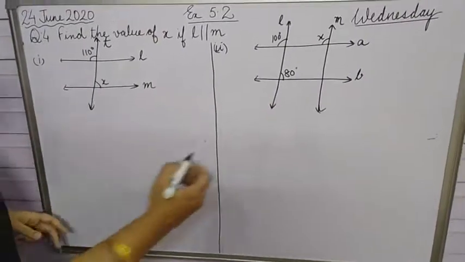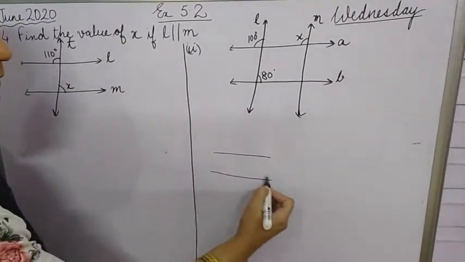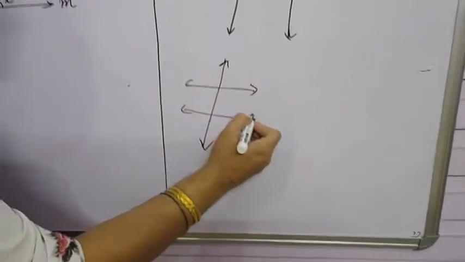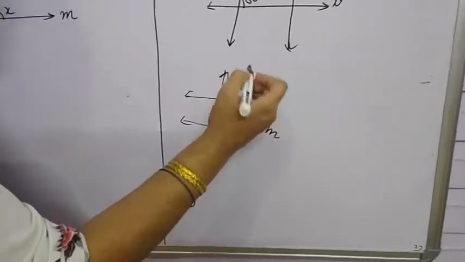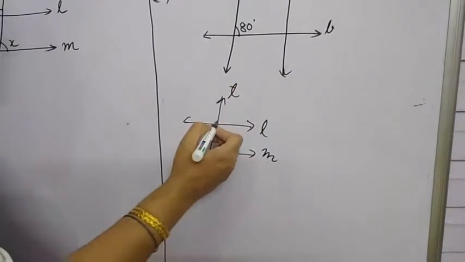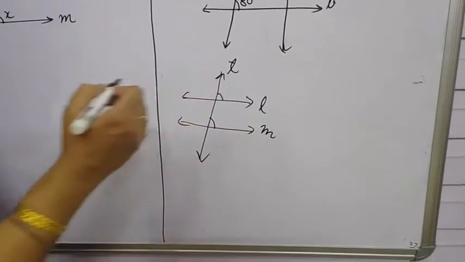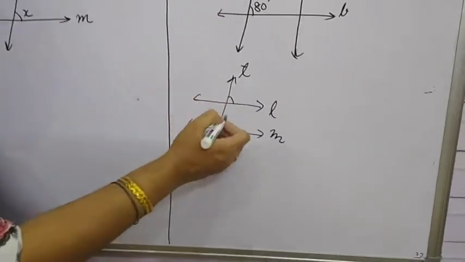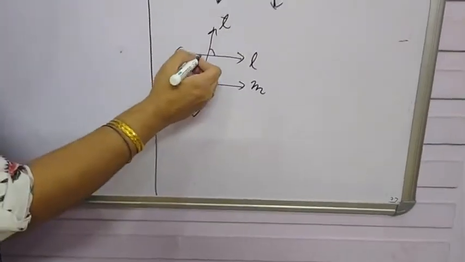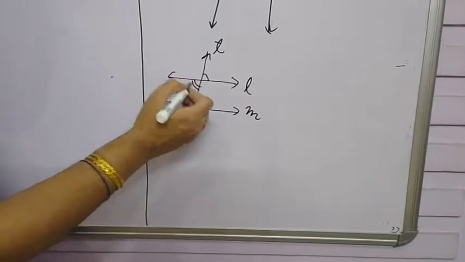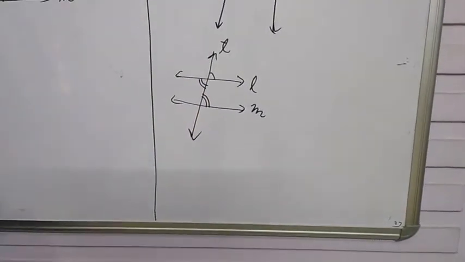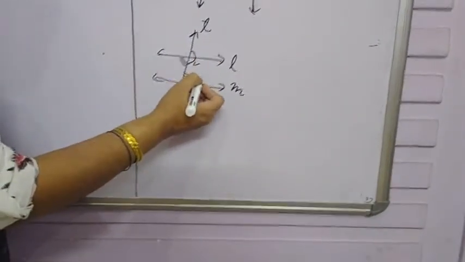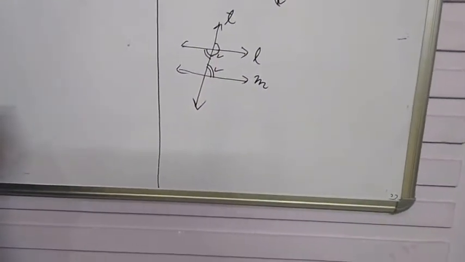Now we had discussed earlier that whenever two parallel lines are intersected by a transversal, remember I am saying parallel lines, then whatever pairs of corresponding angles are formed, how many pairs are formed? 4. And the 4 pairs are equal, and whatever pairs of alternate interior or alternate exterior angles are formed, they are also equal, and the interior angles on the same side of the transversal are supplementary.